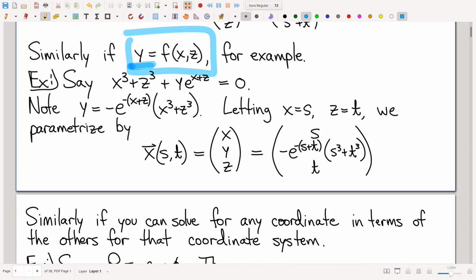This is y as a function of x and z, instead of z being a function of x and y, and that's a little different, right? But whatever, alphabetical order doesn't mean anything mathematically, right? It's perfectly fine. And we can still follow the rule and let our input variables be our parameters.